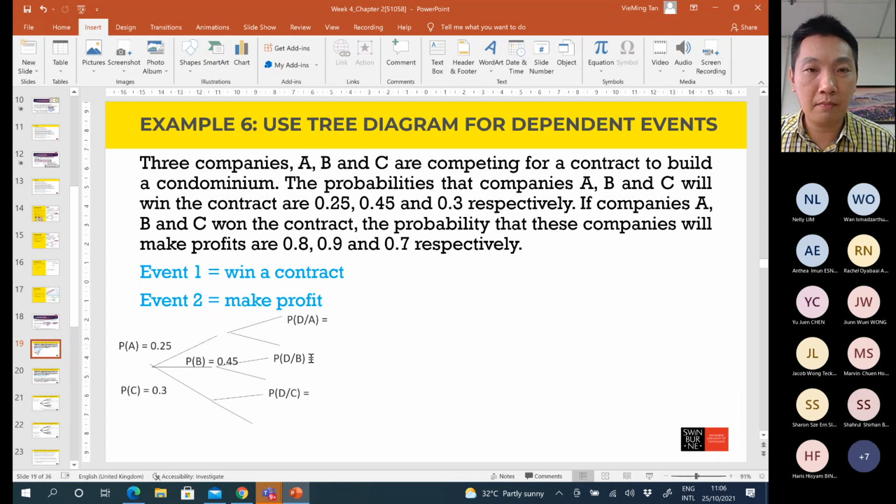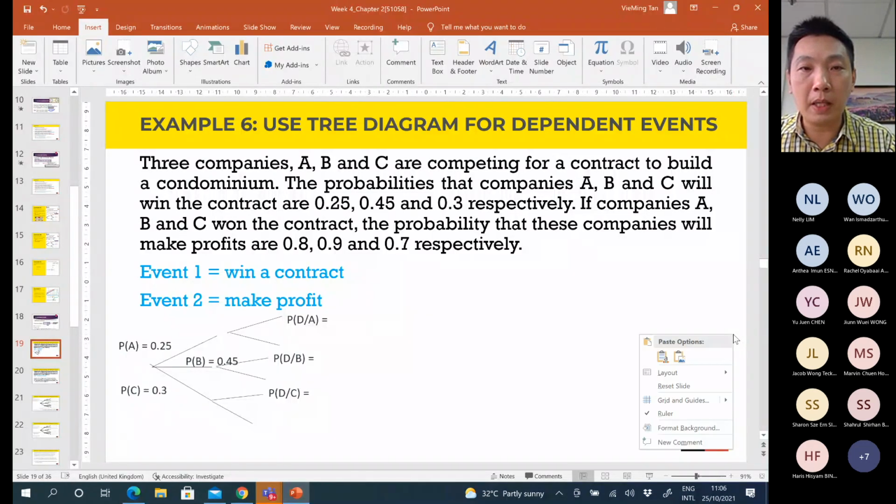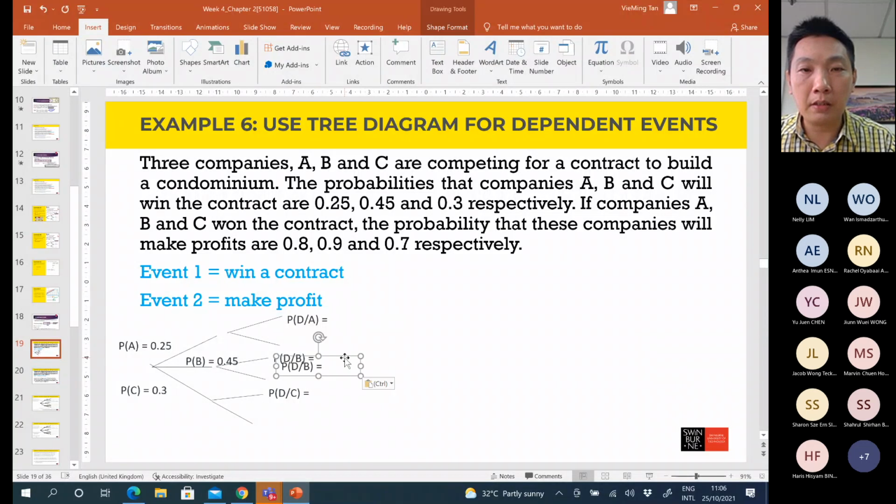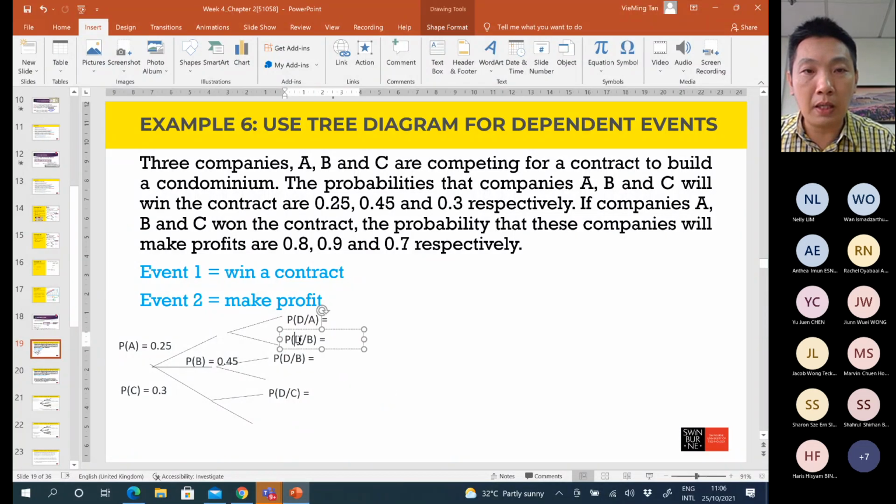Now you may ask, how about the labels for the remaining branches? For the second event, there are only two outcomes, either making a profit or making a loss. For making a loss, we can use D bar. So this one I can change to D bar.